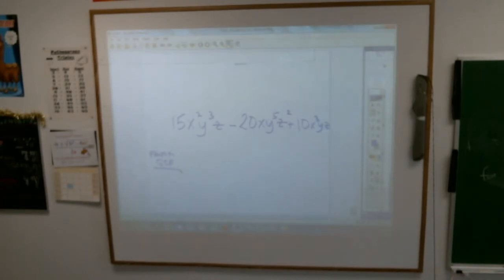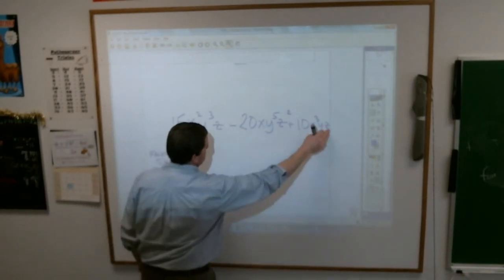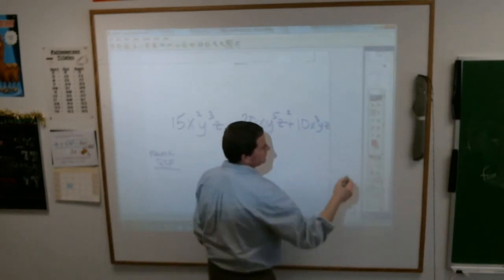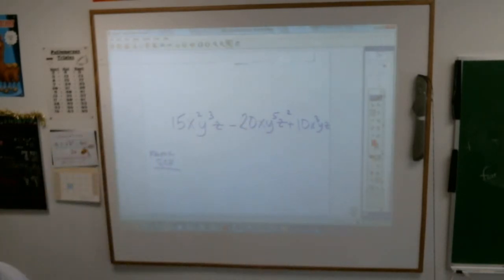Oh, wait, but it's negative. Doesn't matter. The minus and the pluses are just the signs you put in the parentheses. You did, Charles. They're all z's. Z squared, z.